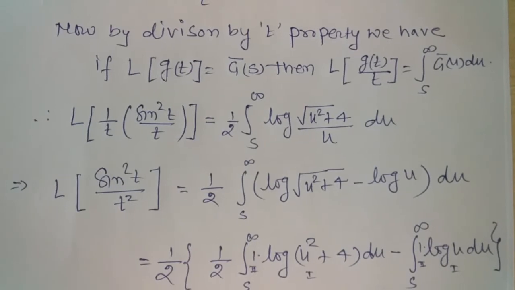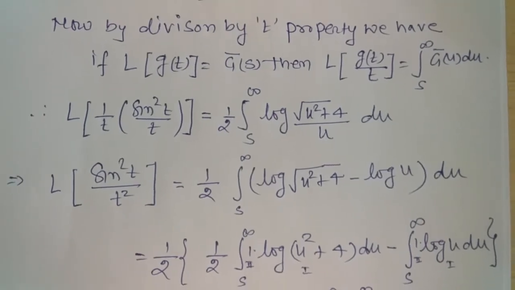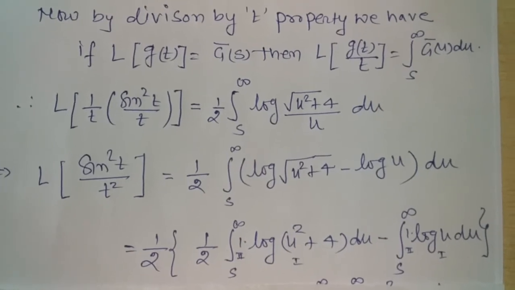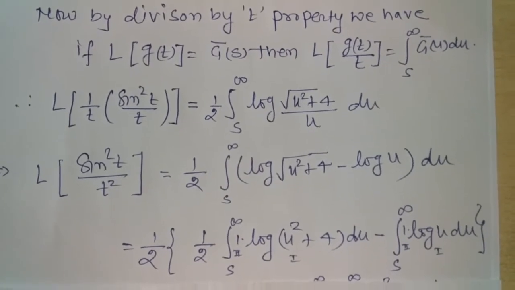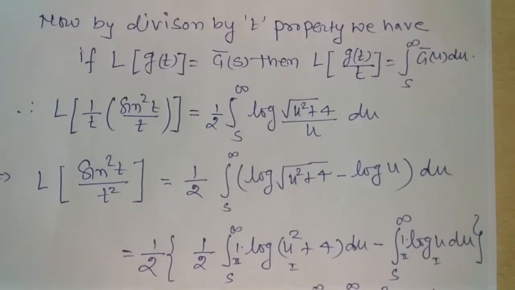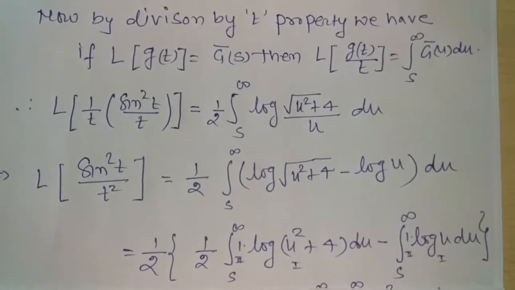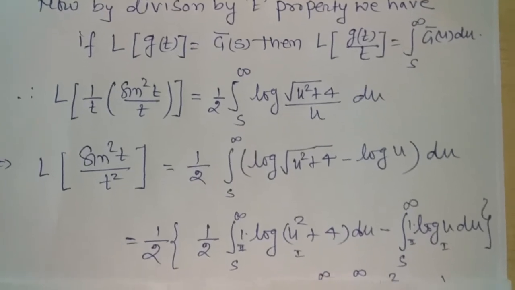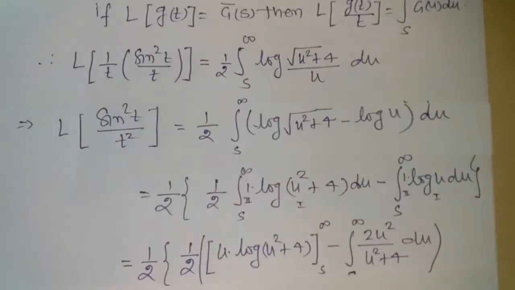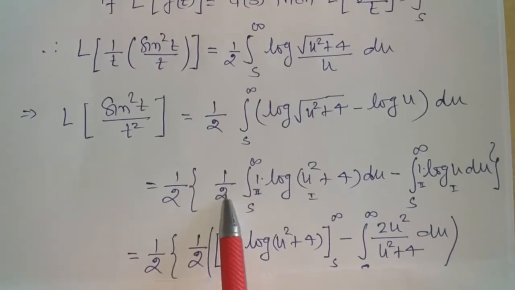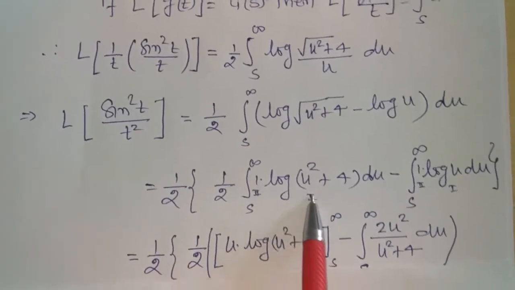Now taking 1 as a multiple term, we integrate both these integrals using the integration by parts technique. We assume log is the first function and 1 is the second function. So by integration by parts, we have 1 by 2 constant as it is, multiplied with this integral.